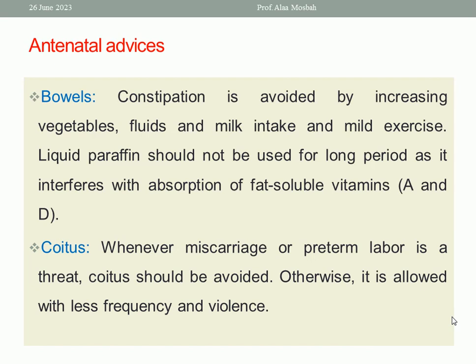So it is allowed so long as there is no problem, but when there is threatened miscarriage or threatened preterm labor, it should be avoided temporarily.